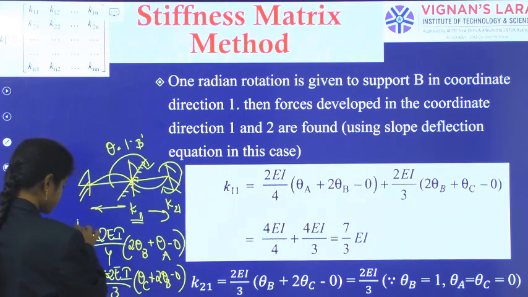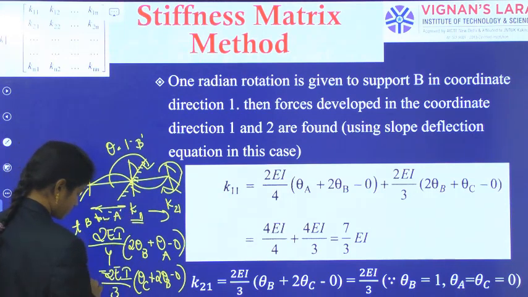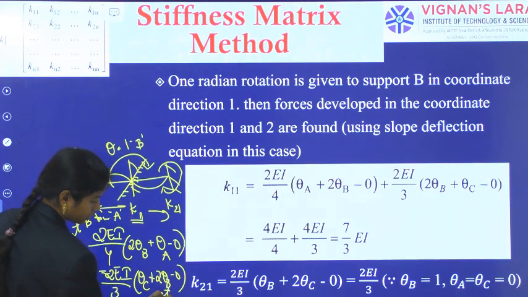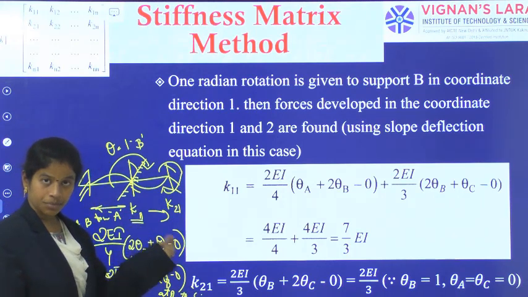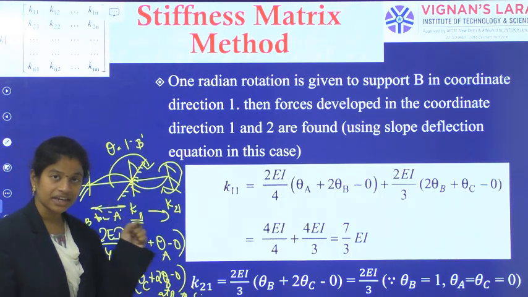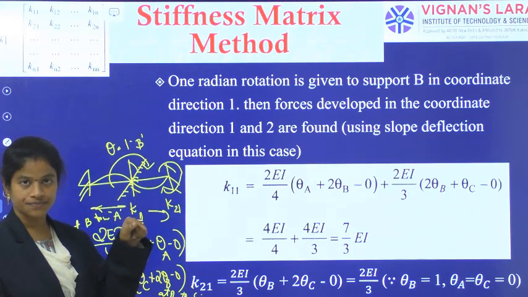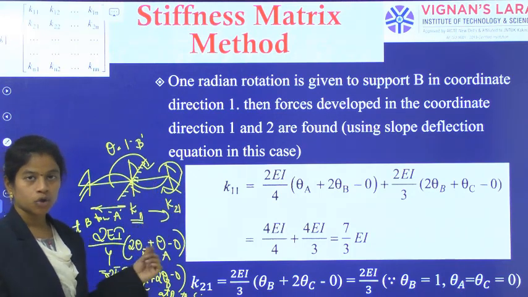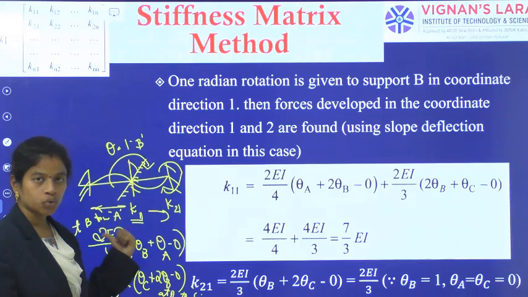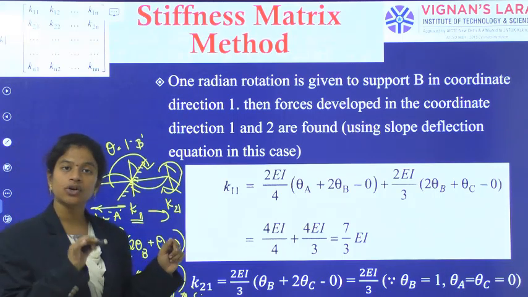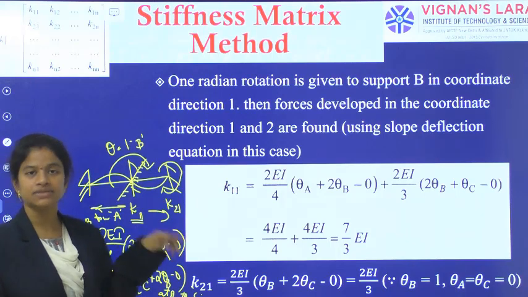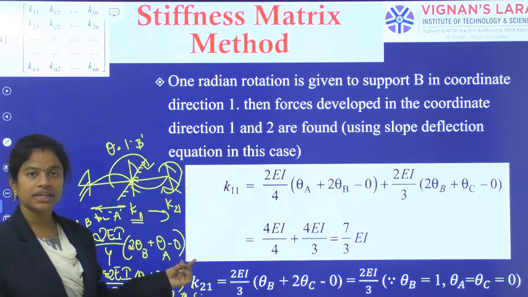Because at B towards A, and here at B towards C, the 2 comes there. 2EI by L, 2EI by the length of the particular member, into 2 times theta B at the location I am doing, plus theta at the other end.